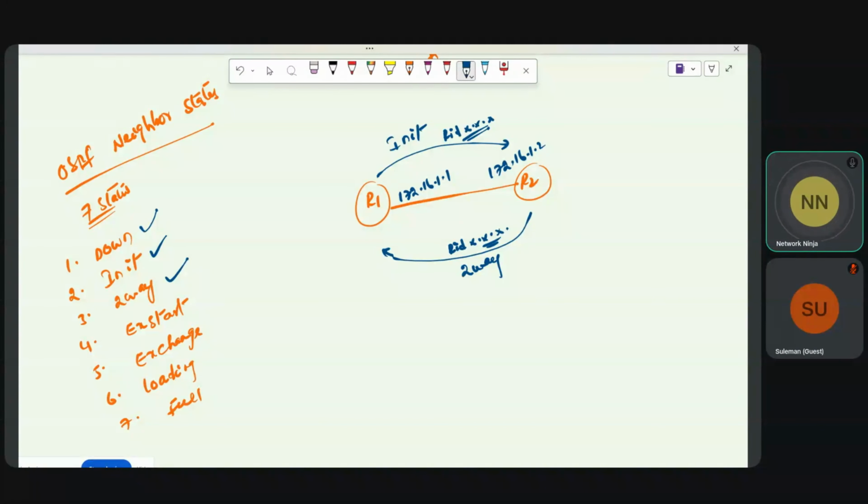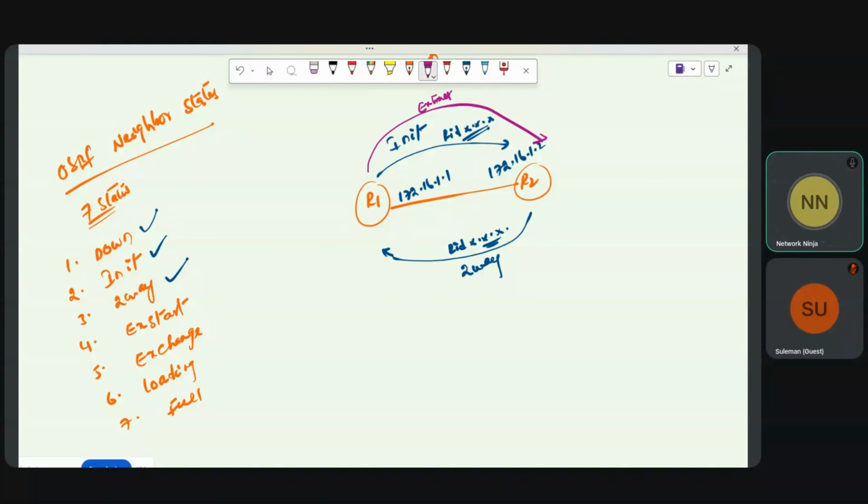Okay. Now, what will happen, right? The exstart state will happen. In the exstart state, it is going to be decided which router is going to exchange the database description. In the first message, router 1 is again going to send the exstart message. In the exstart message, what will router 1 tell, right?